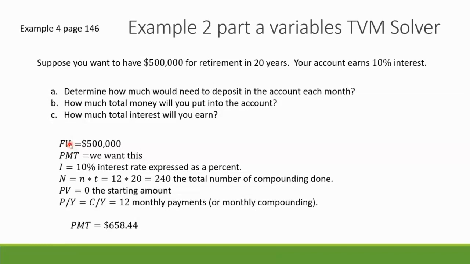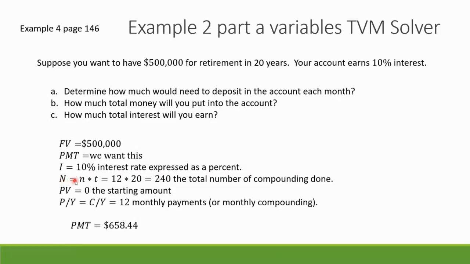How much will be in the account in the future? $500,000 in this case. PMT is our monthly deposit. That's what we want to know. Capital I is the interest, but we leave it as a percent. Now that's just what they do in the TVM solver.